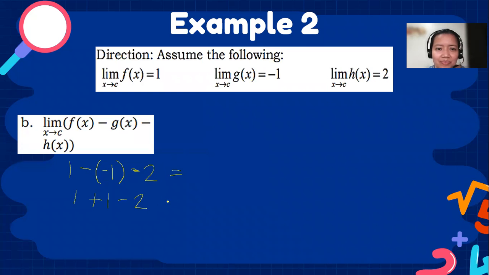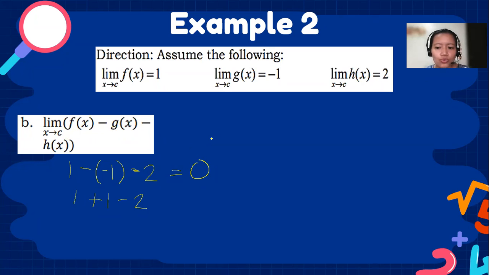What's the answer? Sige, anybody raise your hand? Okay, Carl Martin and Pastelero Antoinette are answering. Still 0. Okay. Yes, Noeline also answered 0. So the limit of this function as x approaches c is 0.